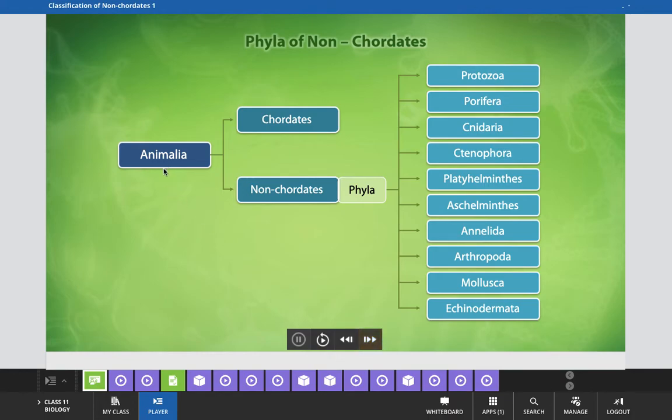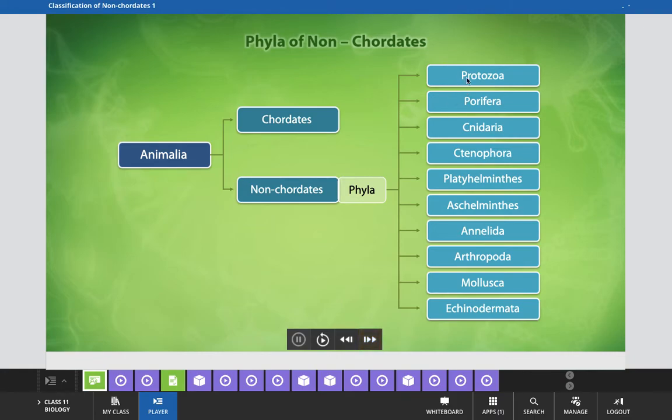As you know, the kingdom Animalia is divided into chordates and non-chordates on the basis of the notochord. In this session we are talking about non-chordate phyla, and out of these, Porifera we took in the previous class, and Protozoa, which is not part of the five kingdom system.